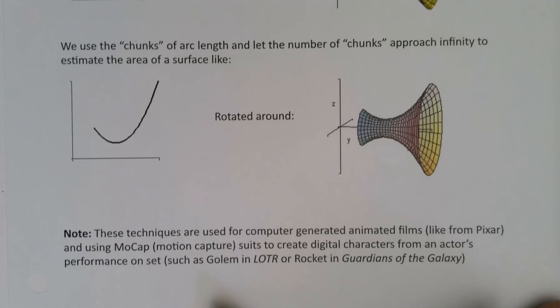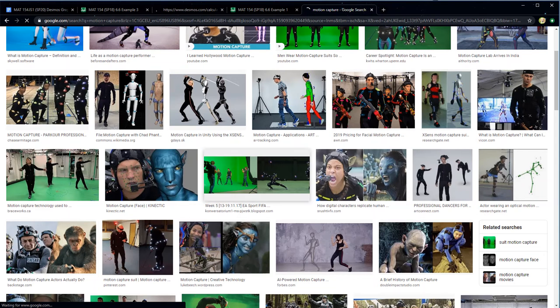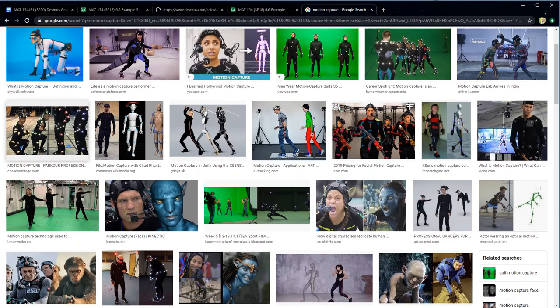So this seems like, oh, I would never need this, but this is exactly how they do computer animation, like for Pixar or for motion capture for Gollum in the Lord of the Rings, or Rocket in Guardians of the Galaxy. Or actually, I think the lead from Avatar is a picture that came up here, right? So they put all these dots on their faces and they have little balls on their suits. The computer will capture where those balls are.